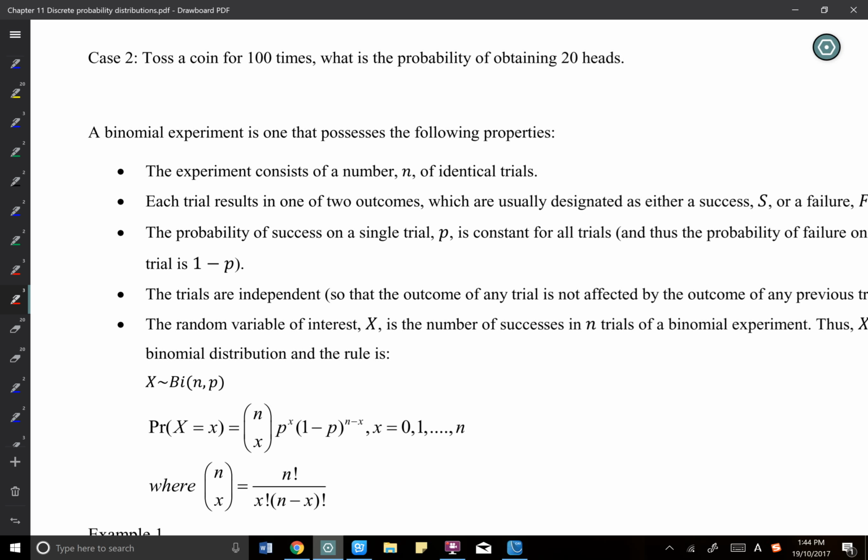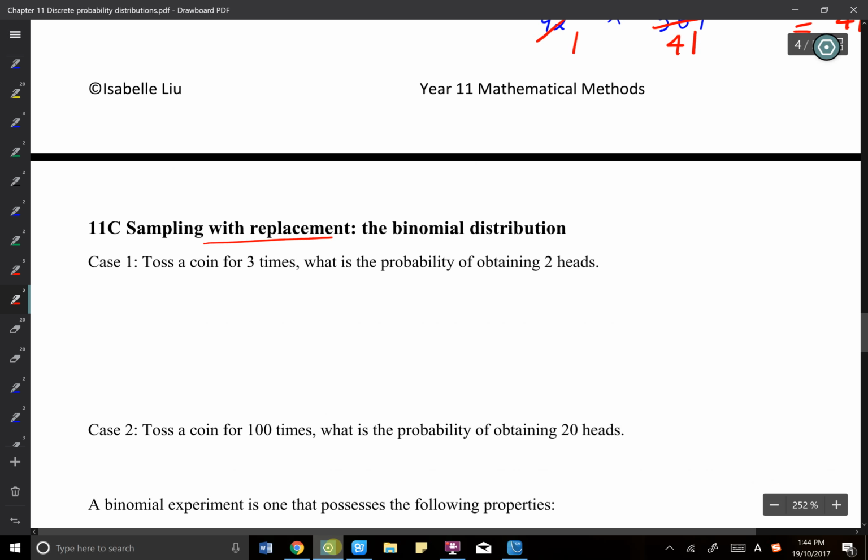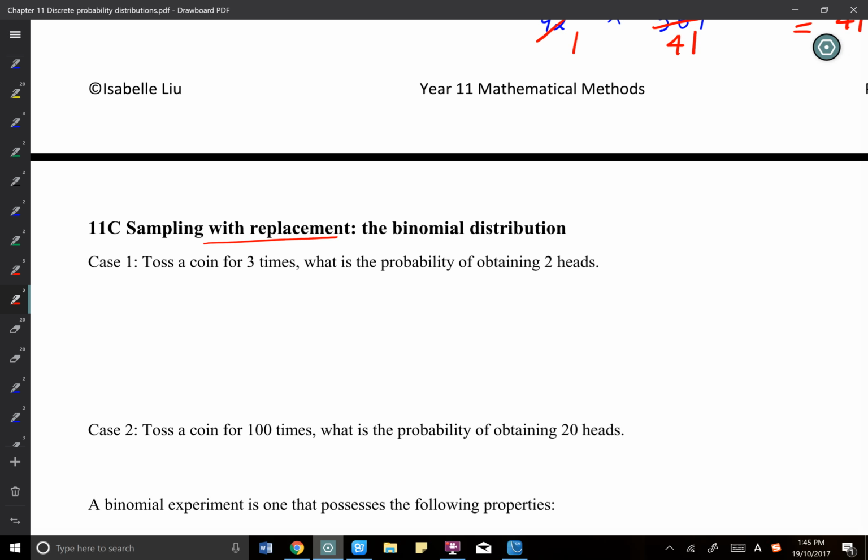So we have 2 ways to select things. We can select with replacement or we can select without replacement. What we learned is without replacement. We just select and then don't put back. This exercise is called with replacement. Sampling with replacement. What's the name for the previous distribution?